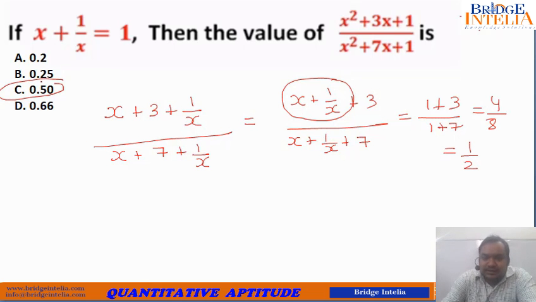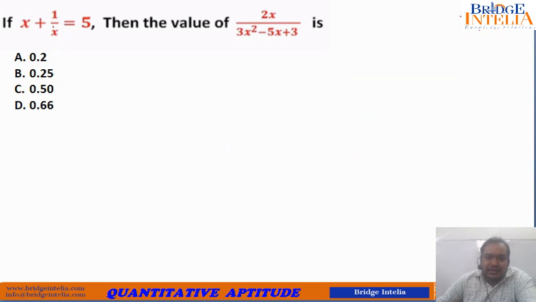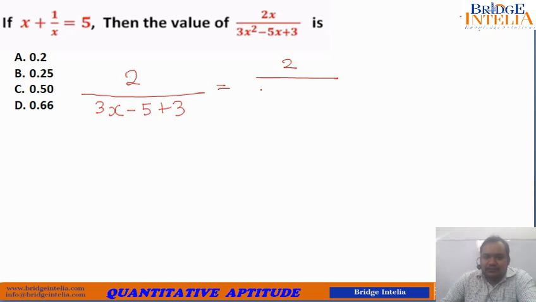Now let's move further. If x + 1/x is equal to 5, then we have to find the value of this. Again, same logic. Divide both numerator and denominator by x. So what you have been asked to find out is actually this. So this can be rewritten as 2 divided by, if you take 3 as common, 3 by x, so 3(x + 1/x - 5).